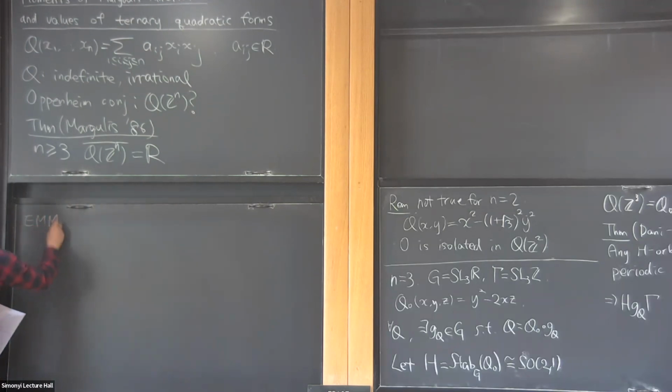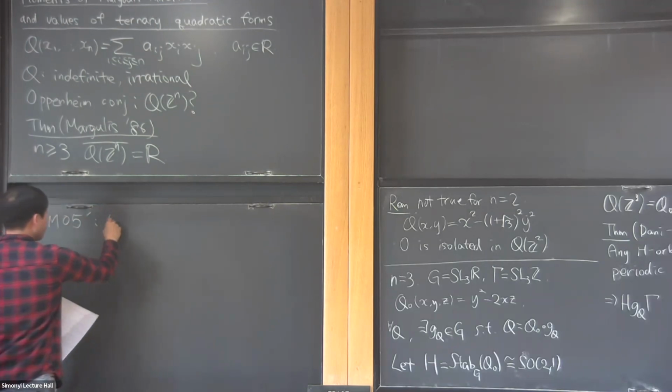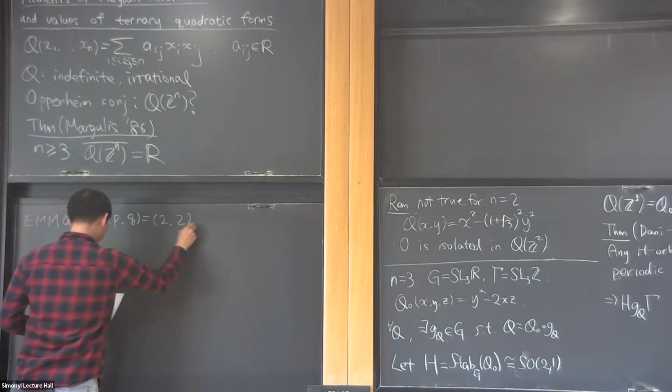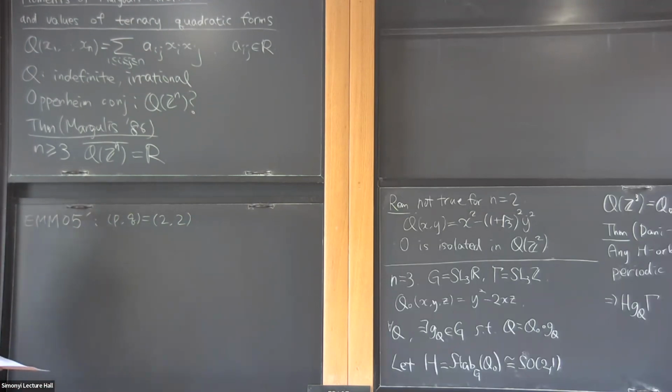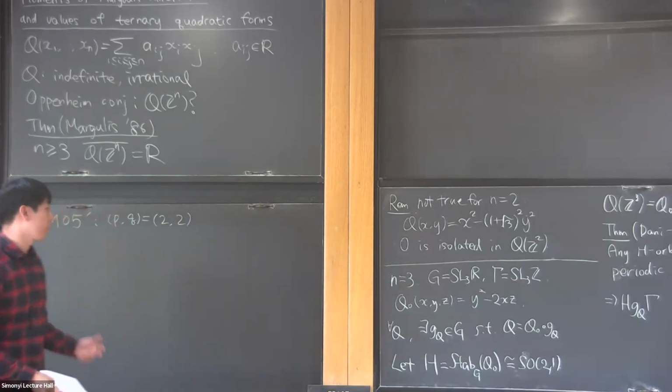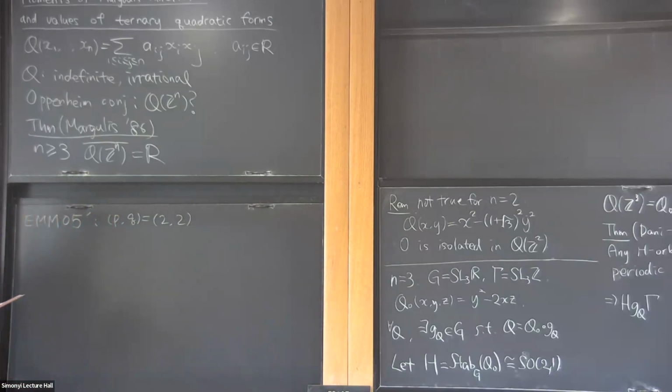Okay, so Eskin, Mozes, Margulis also established the case of the signature 2-1 and 2-2. Of course, without any assumption or adjustment, the asymptotic will not hold the same.